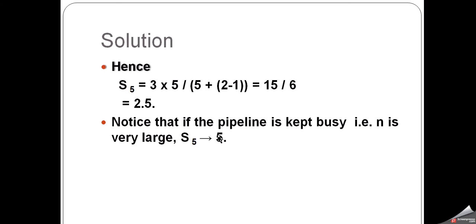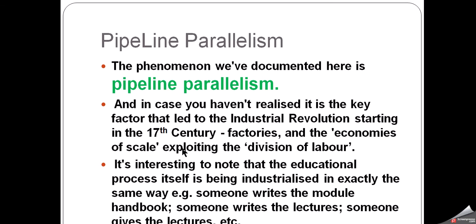A speed up of 5. So have a think about that. I mean, the question I could ask you is, what exactly do you understand by the concept of speed up? What does it mean exactly?